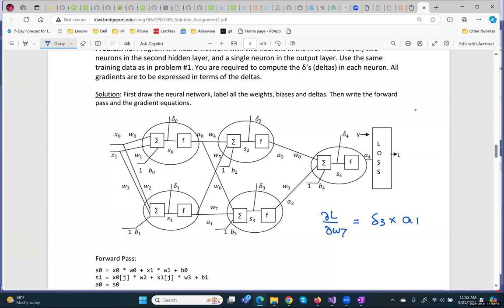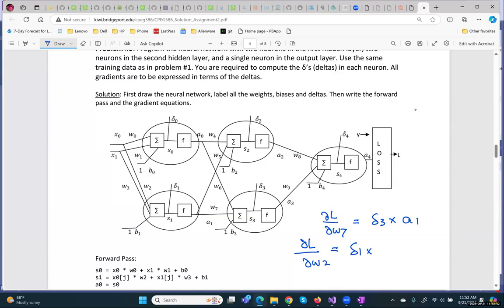Let me ask you one more question. How will it be partial L over partial W2? It's delta 1 into x0.